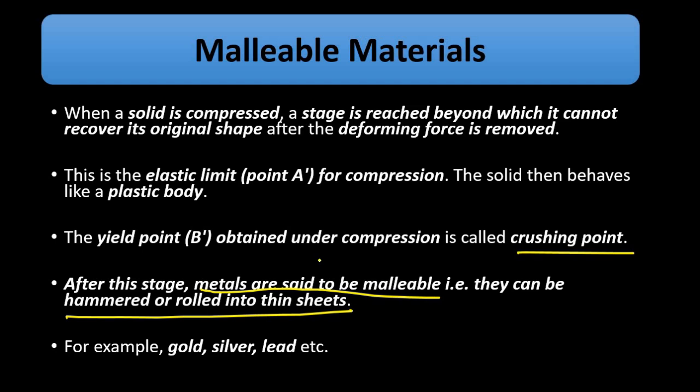Commonly used malleable metals are gold, silver and lead. Mostly these are used by gold and silver jewelers, to draw gold and silver into thin wires for making jewelry, or into thin sheets for different purposes.